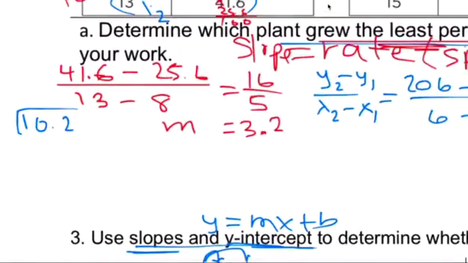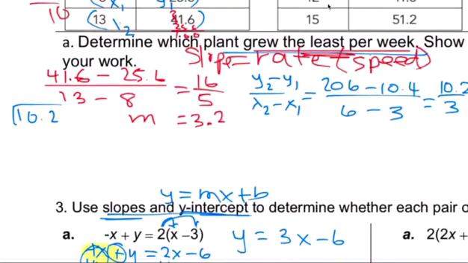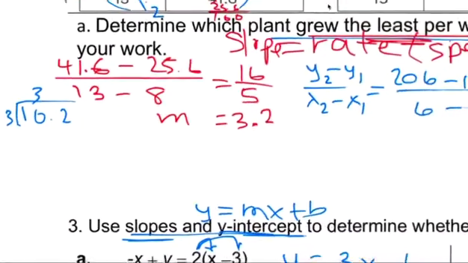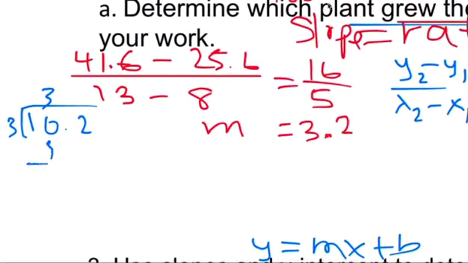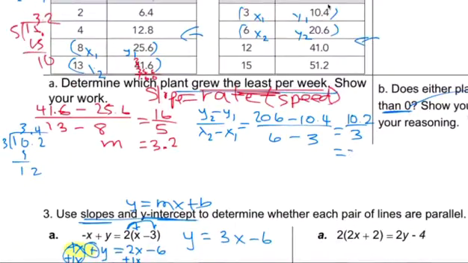On your test you're allowed a calculator, so I'm going to go ahead and give you the answer, even though it's not that hard to divide. So this is 3.4.